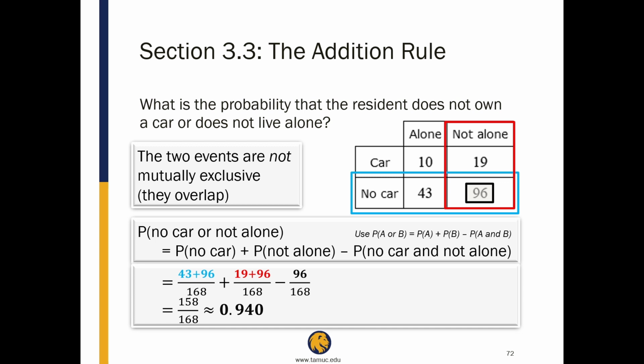The group that overlaps for both is the 96 in this case. So the probability of no car and not alone is 96 divided by 168. When we add and subtract these numbers together, we get 158 over 168, which is a probability of 0.940.